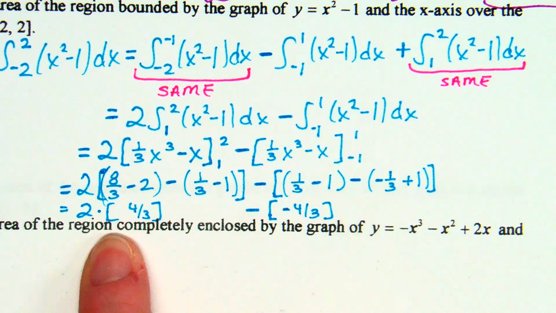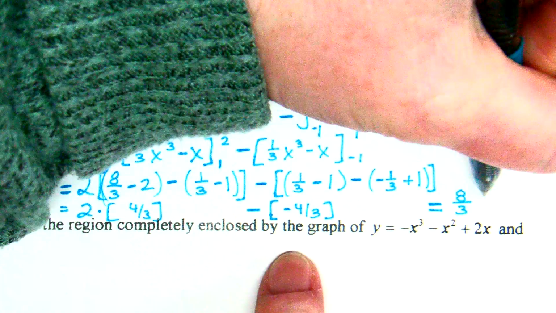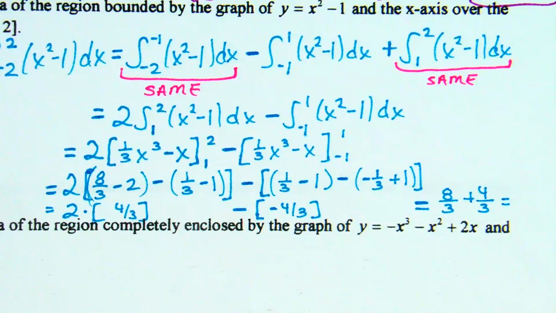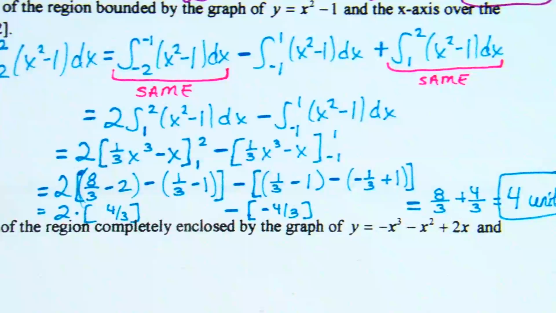If we go back to the beginning here, 2 times 4/3 is going to be 8/3 minus negative, so really it's plus 4/3. 8/3 and 4/3 is 12/3, which is 4. 4 square units.